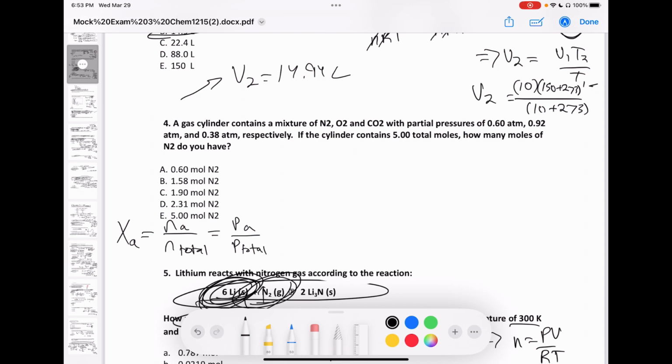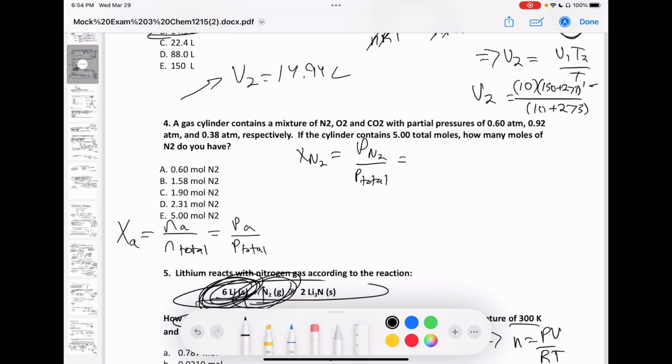So you can use these to your advantage. We're trying to find the moles of N2, but we weren't given that. We were only given the total moles. So chi of N2 is equal to, oh my goodness, we're using partial pressures, the pressure of N2 over the pressure total.